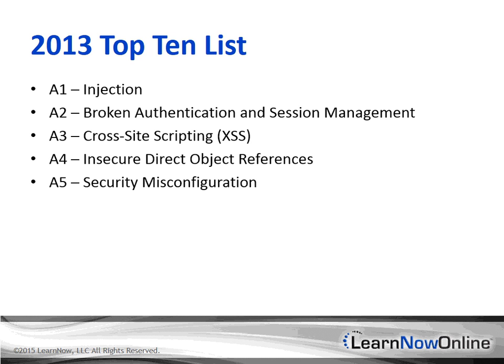The fifth risk in order of priority is security misconfiguration. Good security requires having a secure configuration that's defined and deployed for the application. Frameworks, application server, web server, database server, and the platform. The entire stack that the web application is running on top of. So secure settings need to be defined, implemented, and maintained.